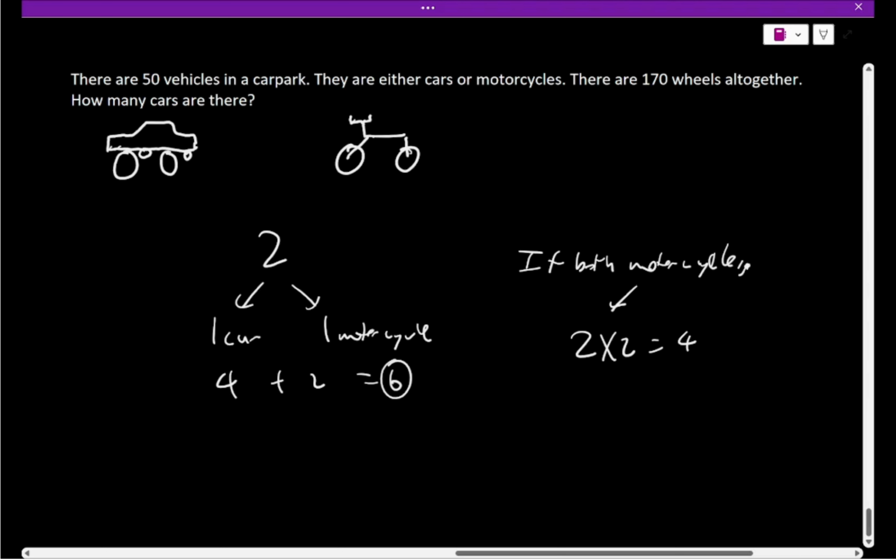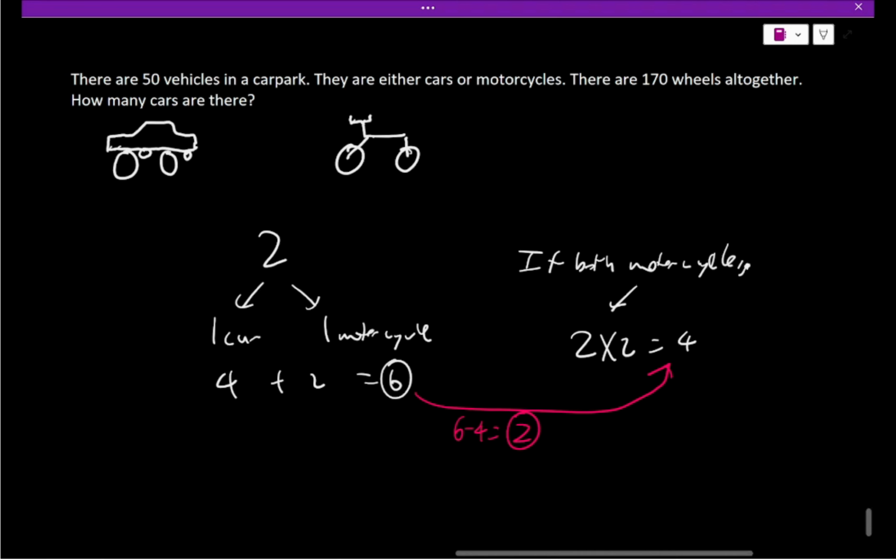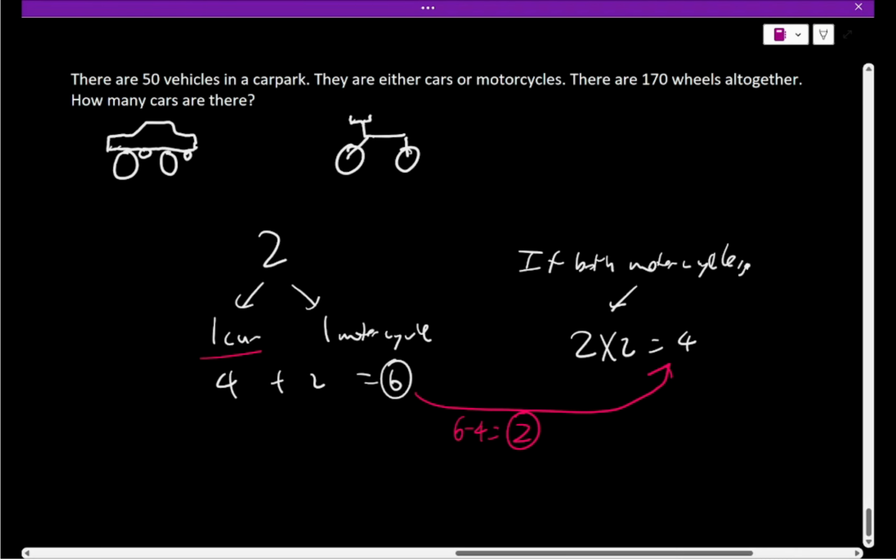So notice that between these two numbers, there's an additional 2. So 6 minus 4 is equal to 2. This 2 tells us that there are 2 additional wheels attached to a vehicle because there is a car. What do I mean?